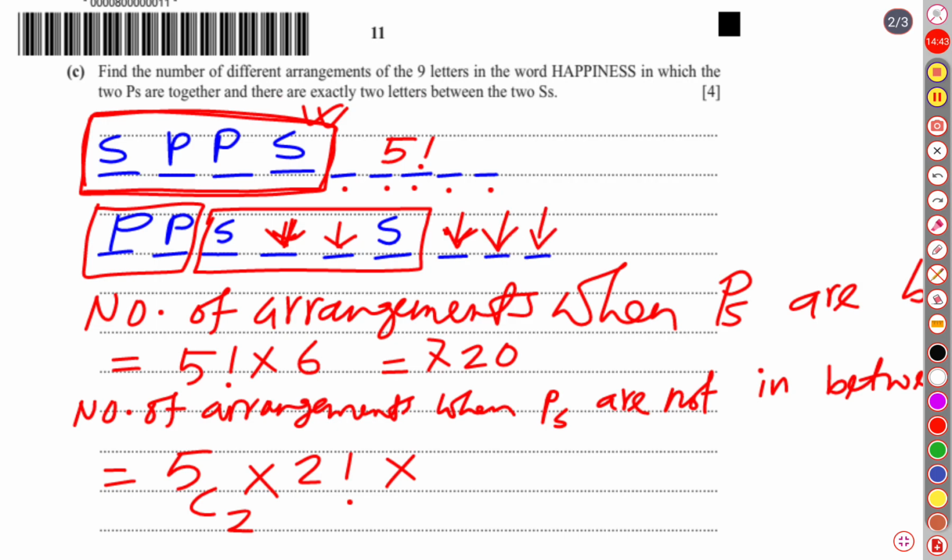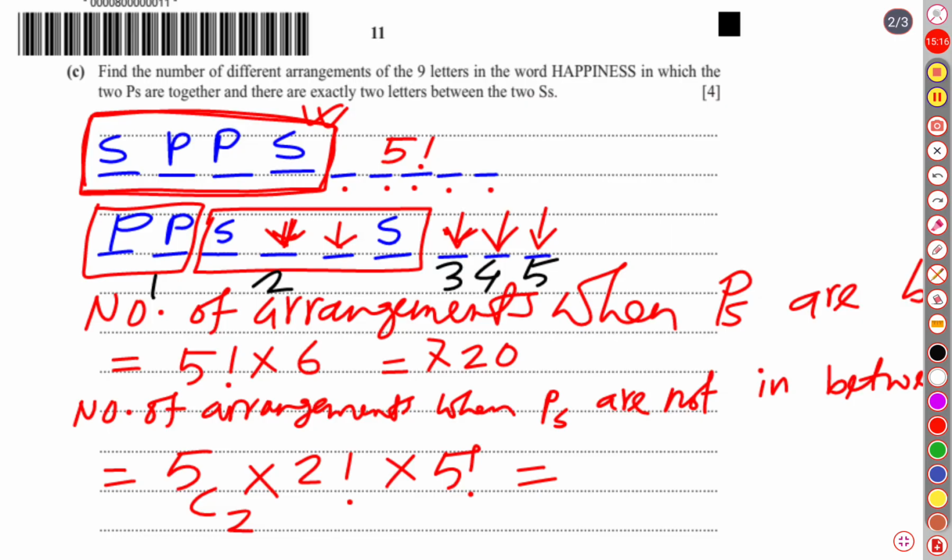Suppose here 1, here 2, then 3, 4 as well as 5. These 5 factorial ways, now all these 3 units can interchange their position. So we can write here 5 factorial ways.